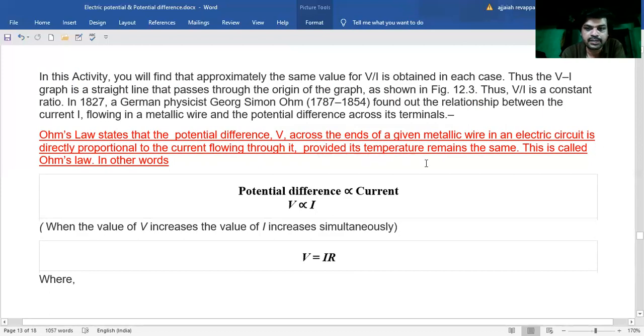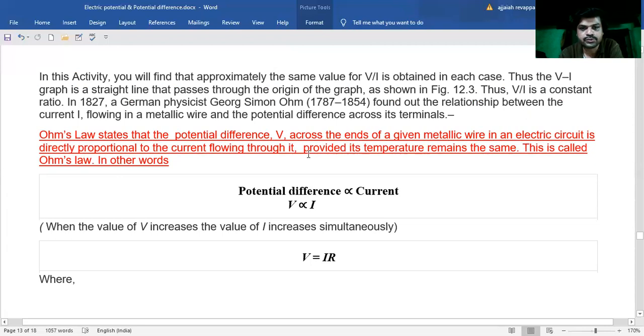Therefore, temperature should remain the same. This is the condition. I have seen that when students are asked to state Ohm's law, they will write only this much till this point. They neglect to write this. So this is a part of the law.